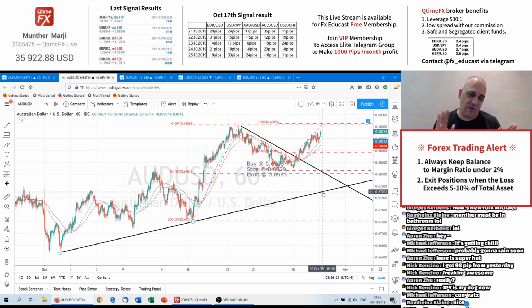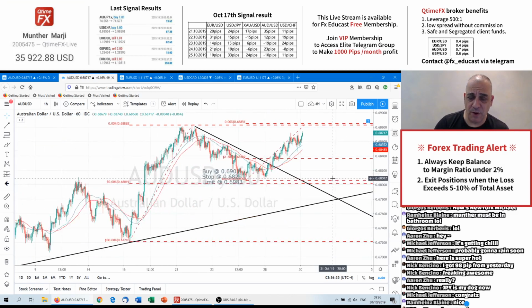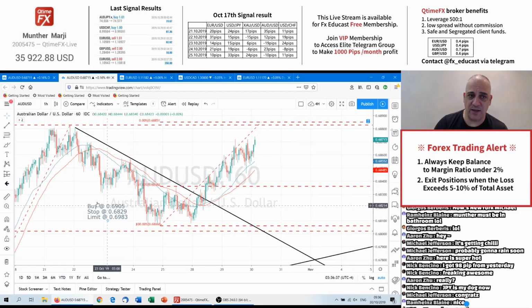Now it started dropping, so it is in the middle right now. It is not a good time to initiate any kind of position here. Okay, guys, my recommendation for the day is this. I'm going to keep it on the chart, and I will come back to see tomorrow if it worked. Okay, so this is it for the Aussie.